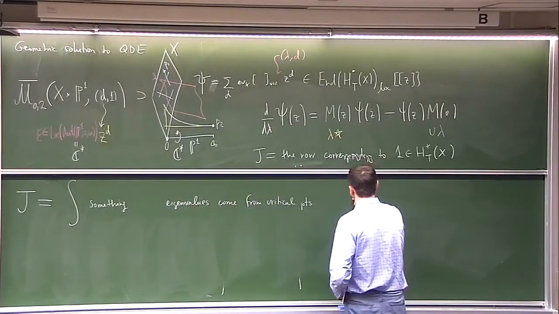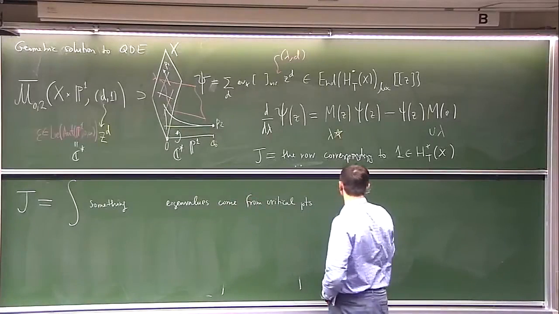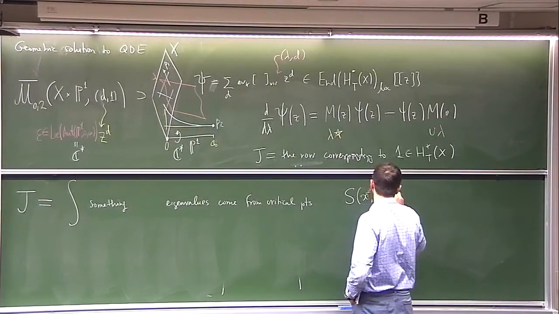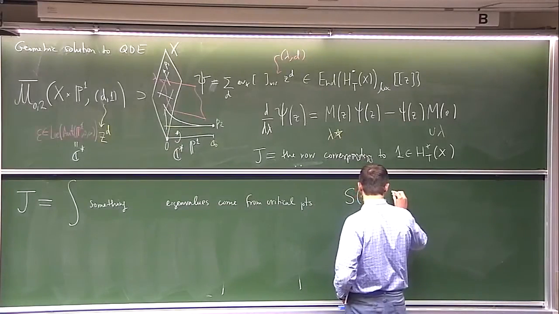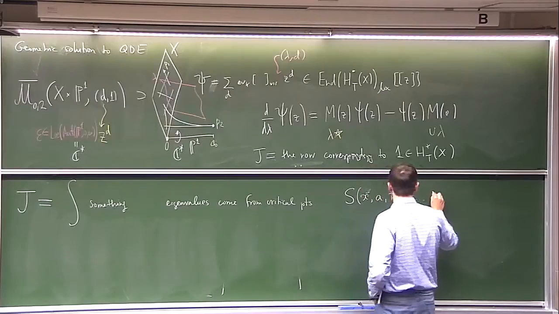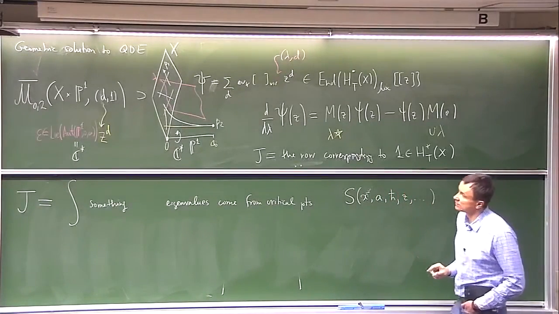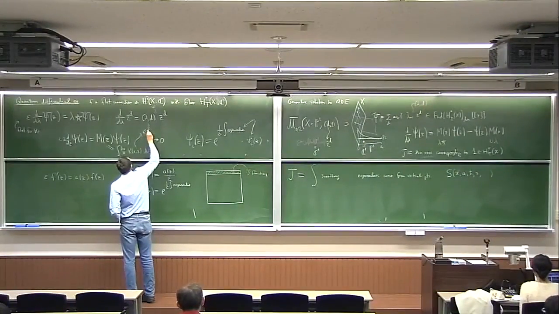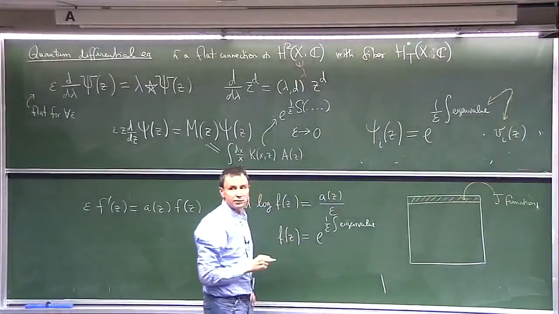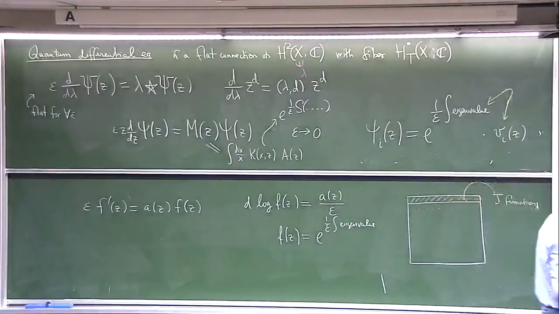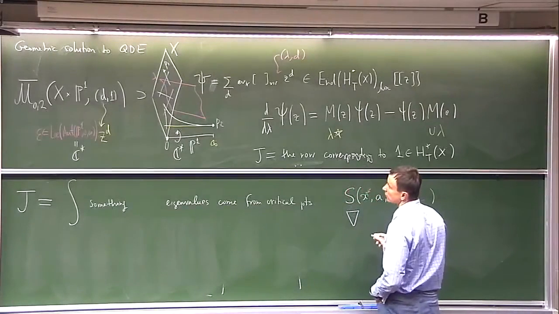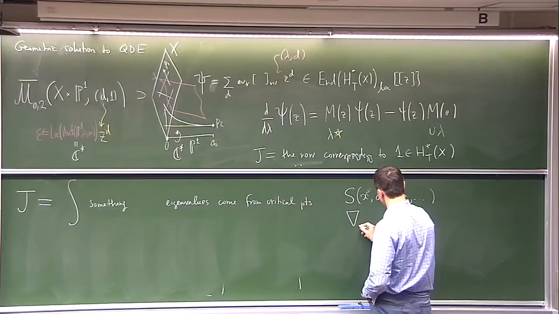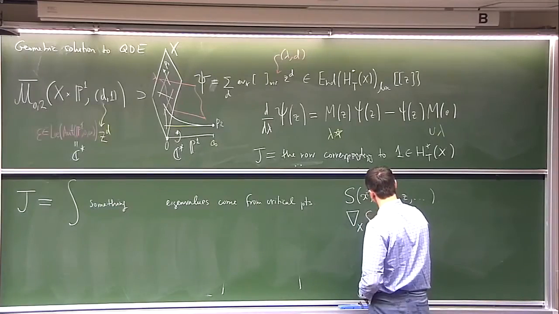There's some function S of some integration variable, some auxiliary variable x, a variable a, h bar, z, whatever other variables there are. This blows up as exponential of 1 over epsilon times S of the remaining variables. And then you solve the equation of the form: you take the gradient in x of S, equals 0.